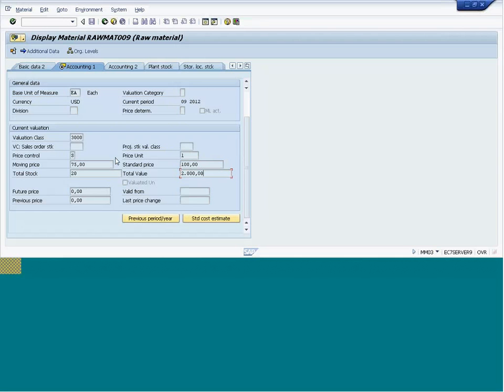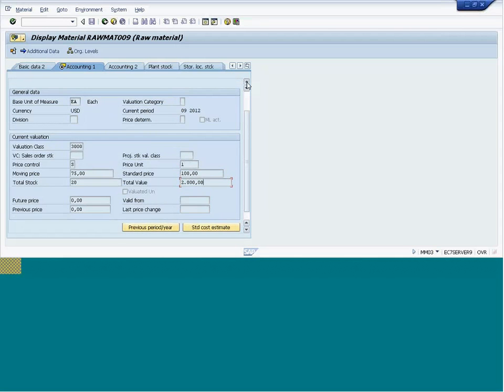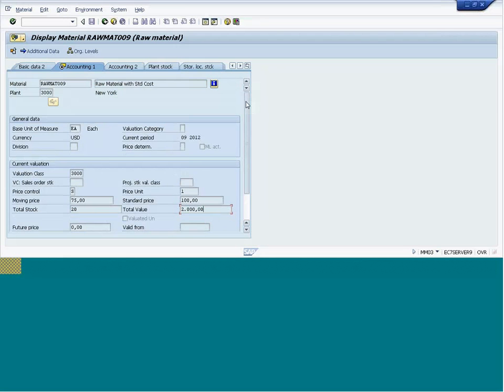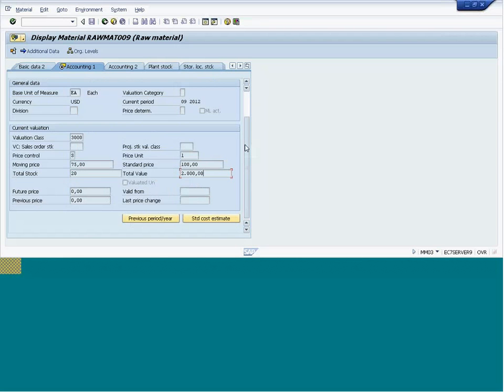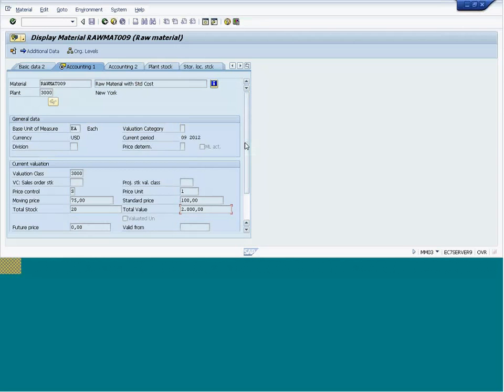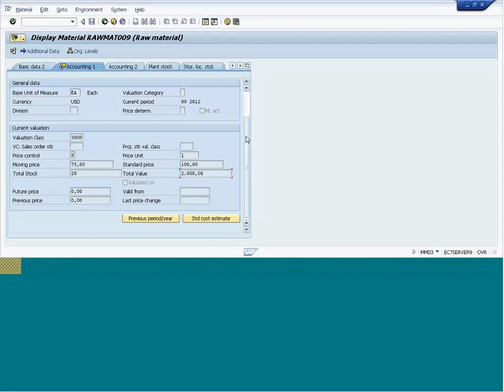So is it a debate for the companies to choose between the standard price or a moving average price? Is it going to be a big discussion? On what basis do they decide this, Raghu? There will be a big discussion. Normally the consultant also will make them go through it first, showing them the problems they are going to have.